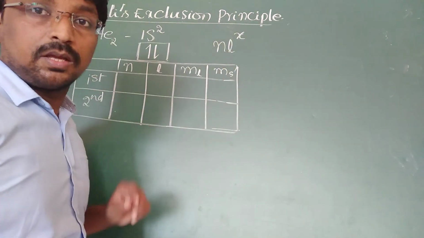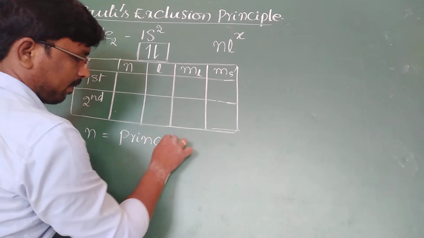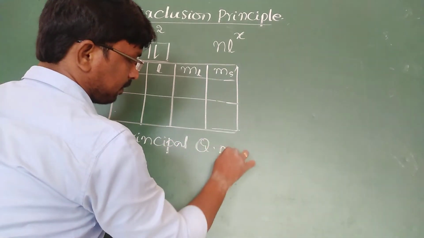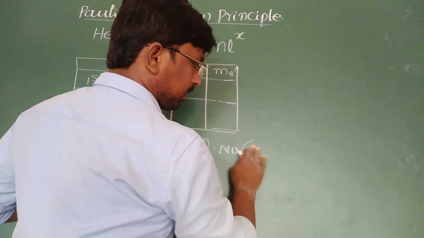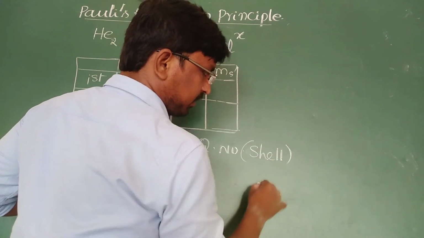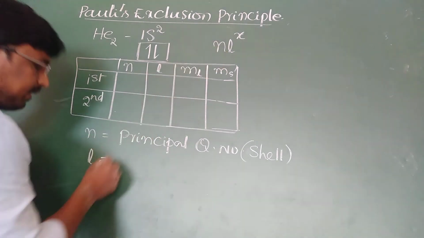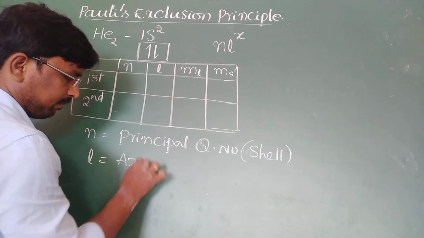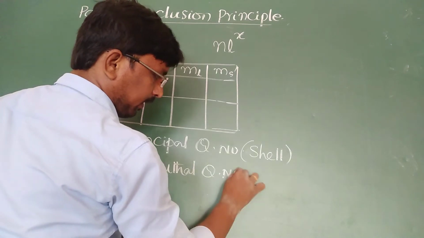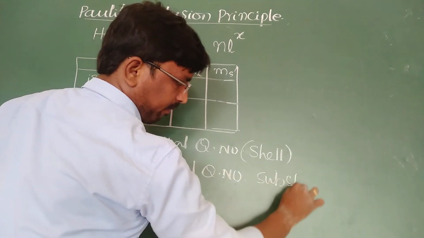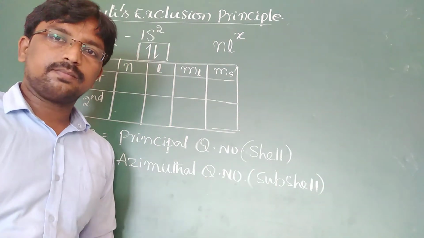Here n is the principal quantum number, and it represents the orbit or shell number. l is the azimuthal quantum number, and it represents the subshell, like s subshell, p subshell, d subshell and f subshell.